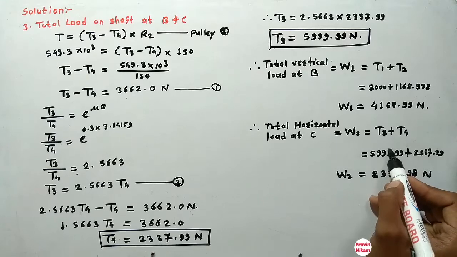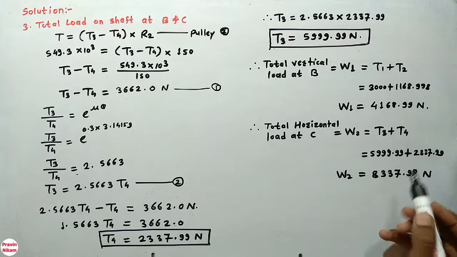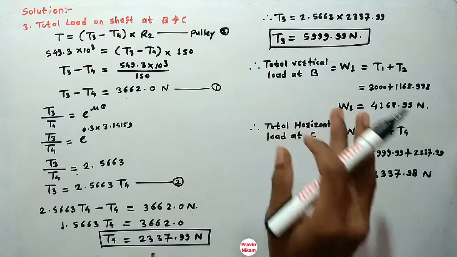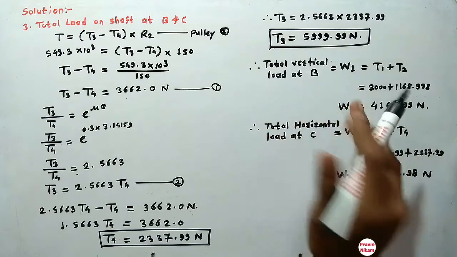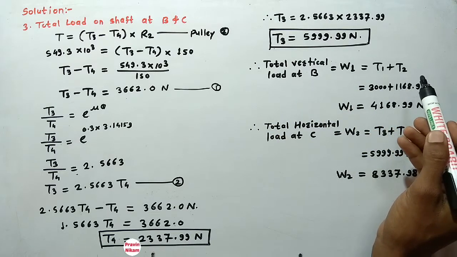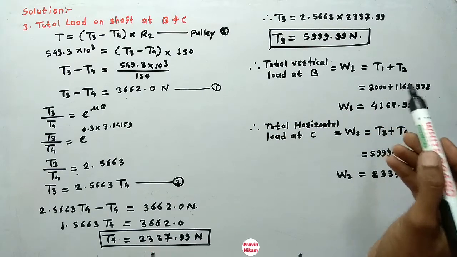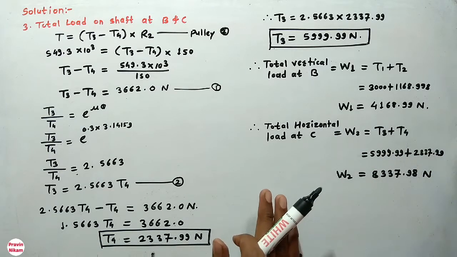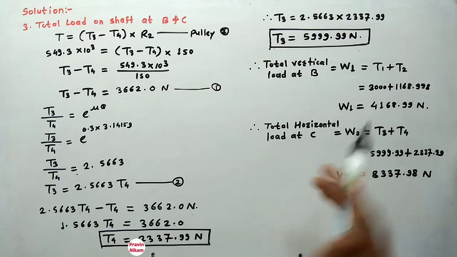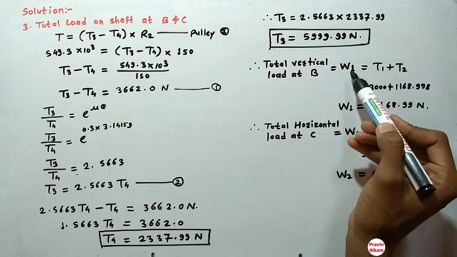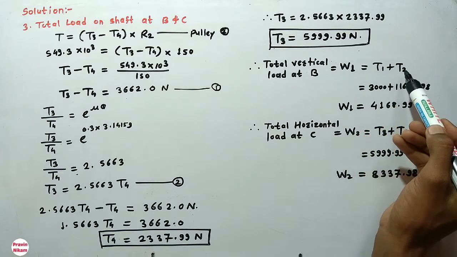So now friends, in the previous problem, for total load we took the formula W is equal to T1 plus T2 plus WP. That WP is nothing but weight of pulley. But here in this problem, weight of pulley is not given. Therefore the formula compresses and becomes W1 is equal to T1 plus T2.